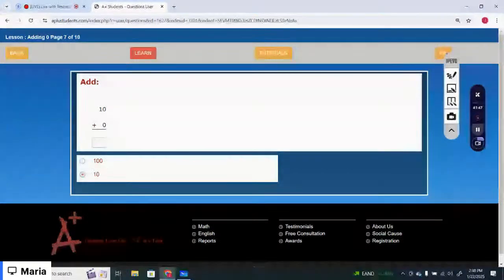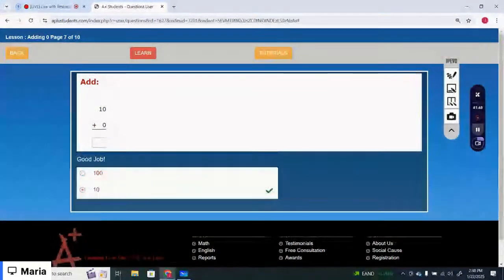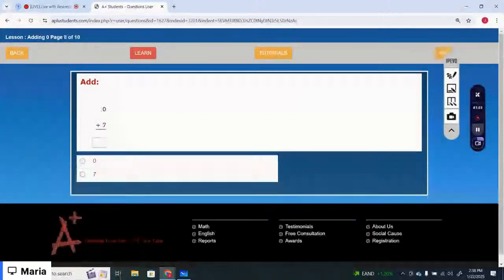Option number 2 is the correct option. Zero plus 7 makes 7.